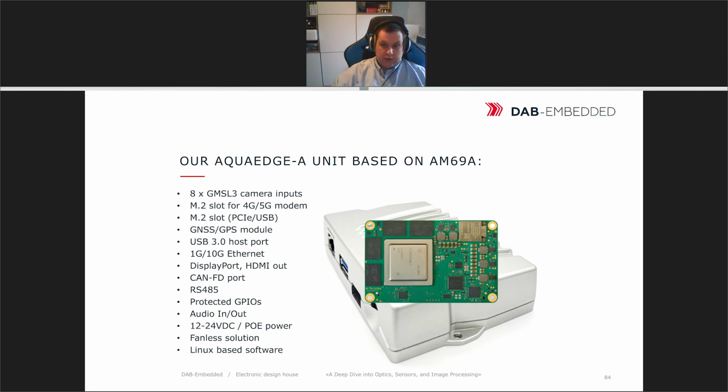On our side, we are now designing, and we're going to produce, our Aqua Edge platform based on the Aquila AM69 module, and we will have a number of interfaces allowing our customers to connect different peripheral blocks, and this unit will also serve 8 cameras in parallel.